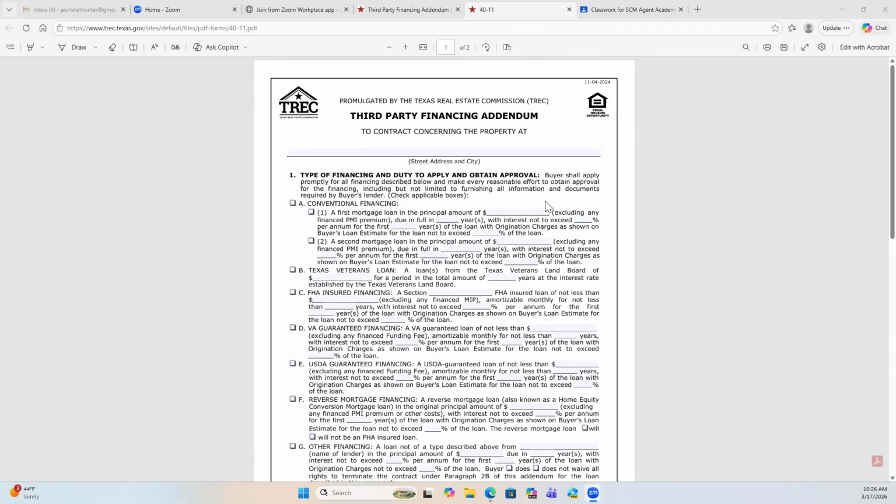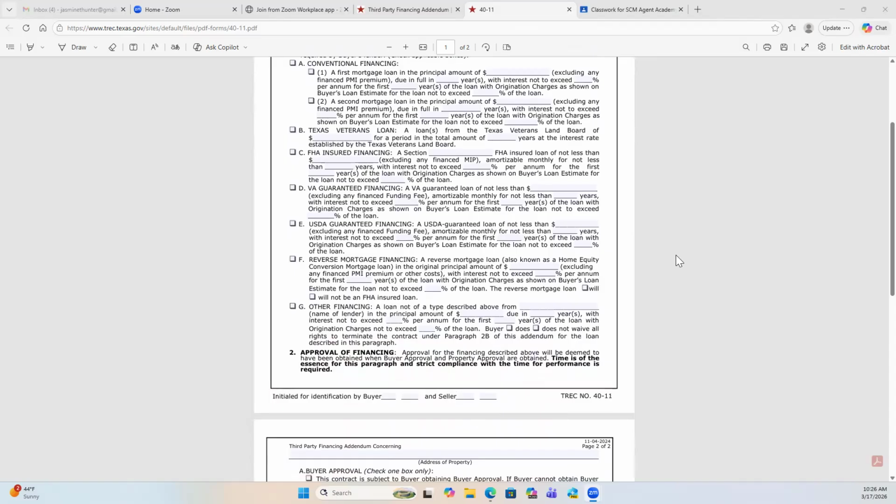So now on this actual document, when the third party gets involved, what kind of loan is the buyer using to purchase this property? A conventional loan, a VA loan, an FHA loan, VA guaranteed financing, USDA loan, reverse mortgage, or some type of other financing, maybe a portfolio loan, et cetera.